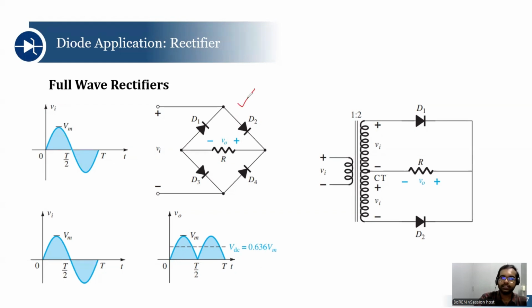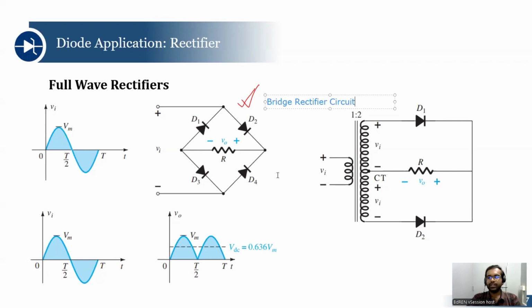Now this full wave rectification can be implemented using two types of circuit. This circuit is known as the bridge rectifier. Let me write it down. This is known as the bridge rectifier circuit. Now the same purpose can be served using this type of circuit. Can you tell me what is the difference between these two circuits?